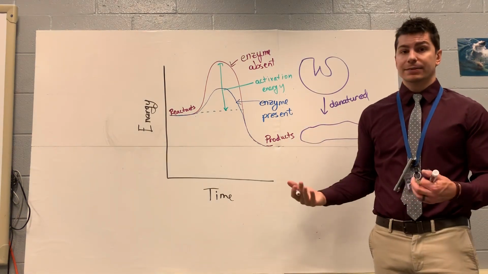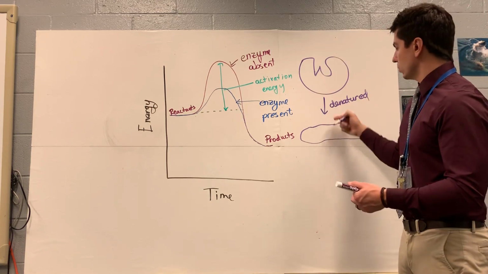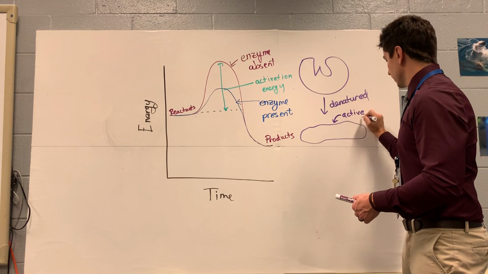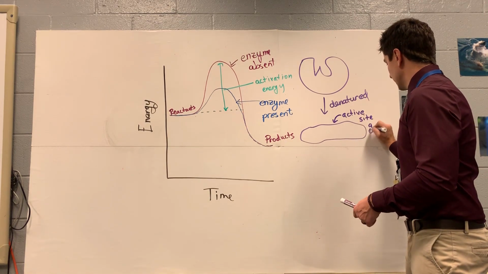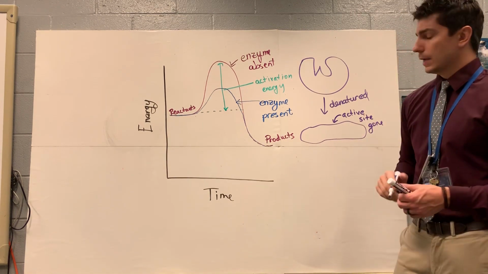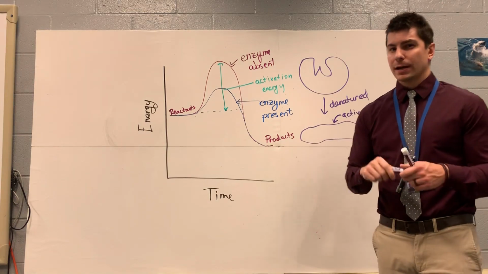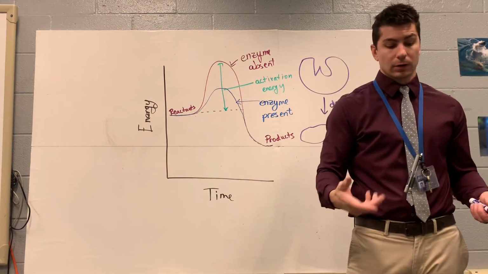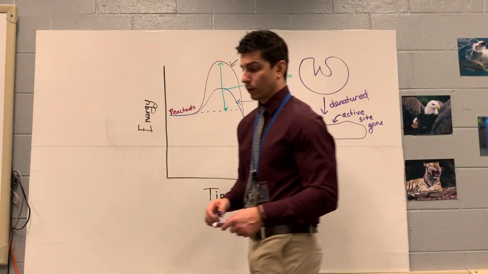It loses that active site. So the substrate can no longer bond because the active site is gone. All right? So the active site is gone there. And that's why when you're sick, the enzyme doesn't work, so you always have to use that bigger hill, meaning you're going to expel more energy.